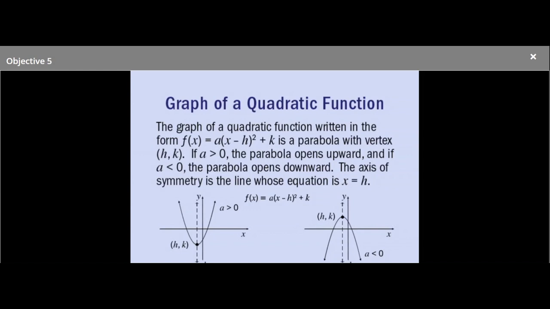If a is greater than 0, the parabola opens upward. If a is less than 0, the parabola opens downward. And the axis of symmetry is the line whose equation is x equals h. Notice that h is the x value of the vertex, just as I mentioned a moment ago.